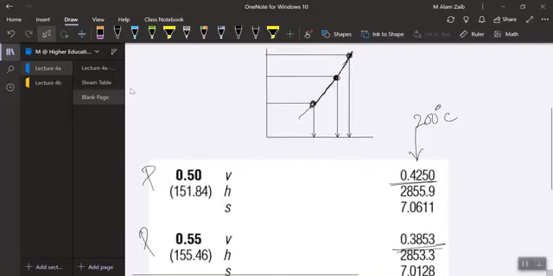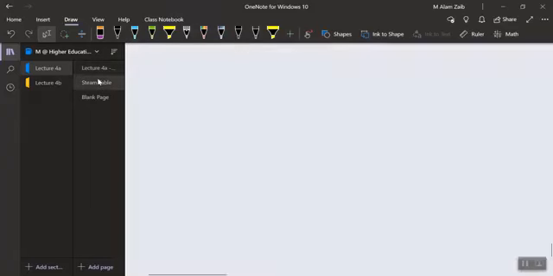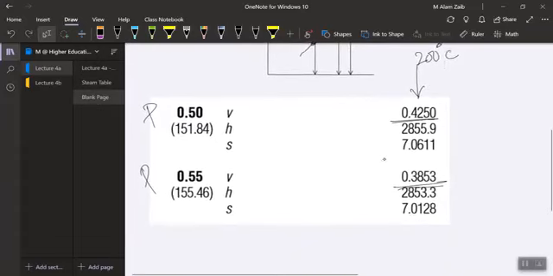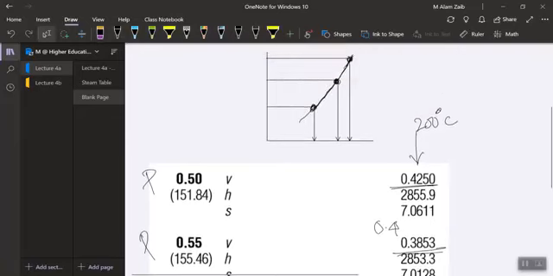And we have been asked to find the pressure at a volume of 0.4 cubic meter per kg. So we have to find a pressure which corresponds to a volume of 0.4 cubic meter per kg.